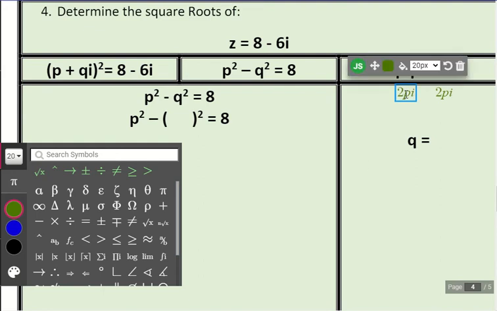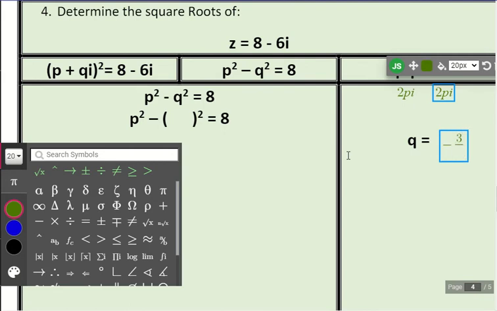The left side is really easy. The 2's cancel, the p's cancel, the i's cancel, and we're just left with q. On the right-hand side, the i's cancel, so we divide negative 6 by 2, and we get negative 3.